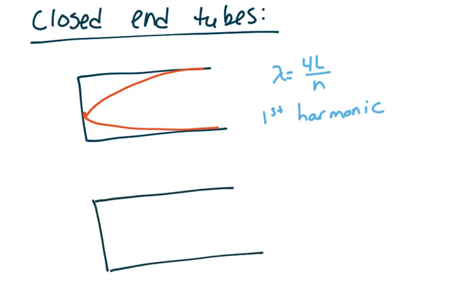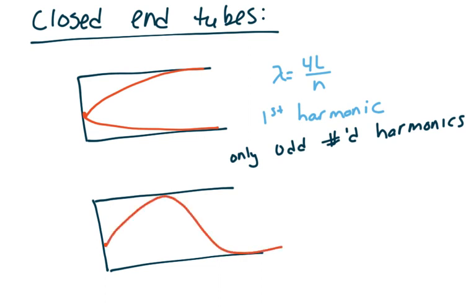These, you can only get odd numbered harmonics. That is because it has to start at a node and end at an antinode. So I would get a full crest and then half of a trough. And so this is the third harmonic.